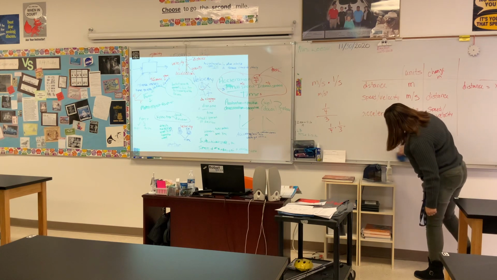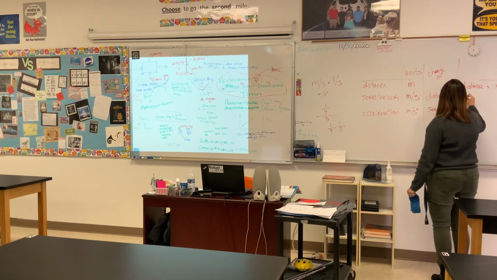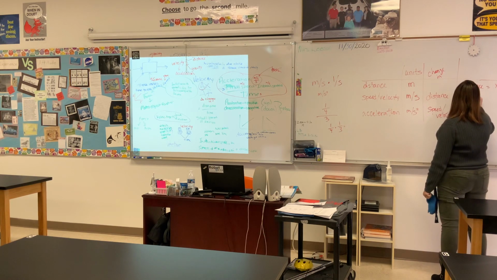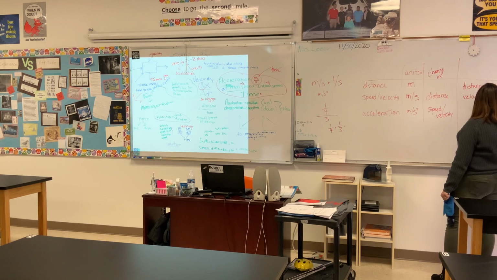To determine velocity, I'm putting delta x over delta t. Velocity is change in x over change in time, which is x2 minus x1 over t2 minus t1.